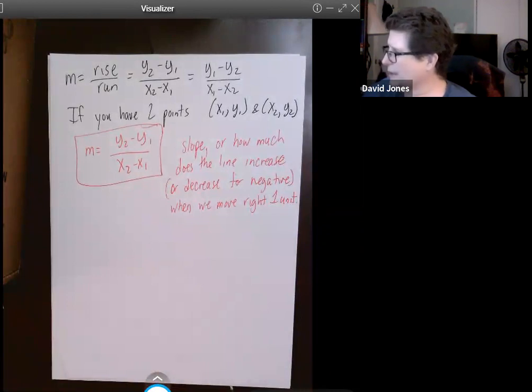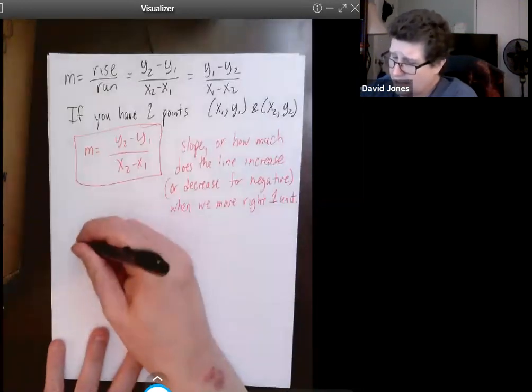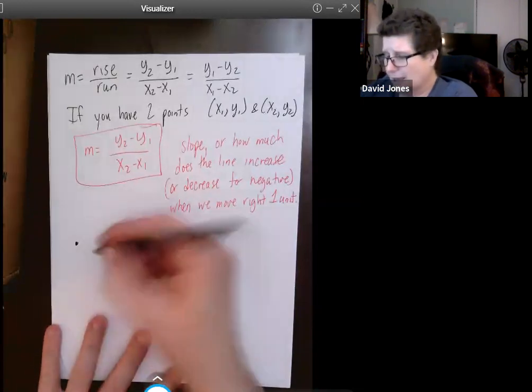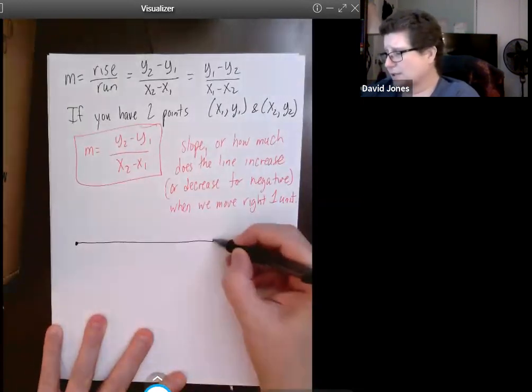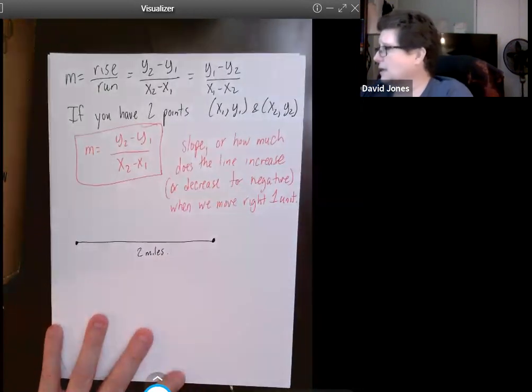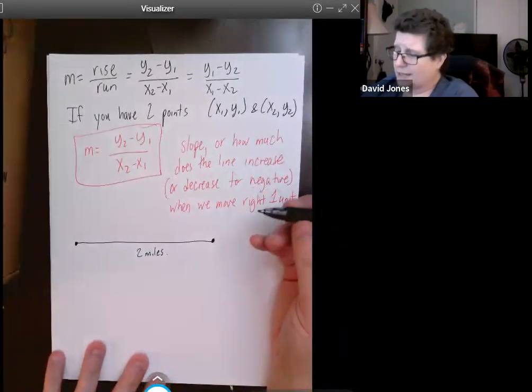This stuff comes up a lot. I can give you an example that you'll see in physics and stuff like that. Let's say I start here and let's say I can drive in a straight line to school. Straight line to school is 2 miles away. And let's say it takes me 10 minutes to drive.